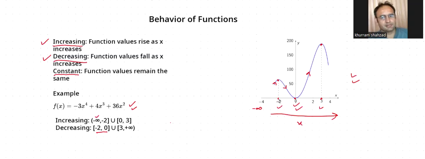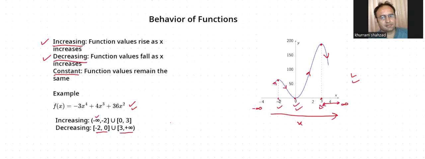And if you see from 3 to plus infinity, we can see that this graph is going down. The value of the function falls. It means that from 3 to plus infinity, this function is decreasing, which I have mentioned here.